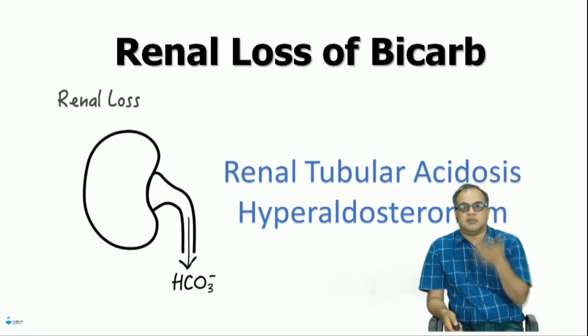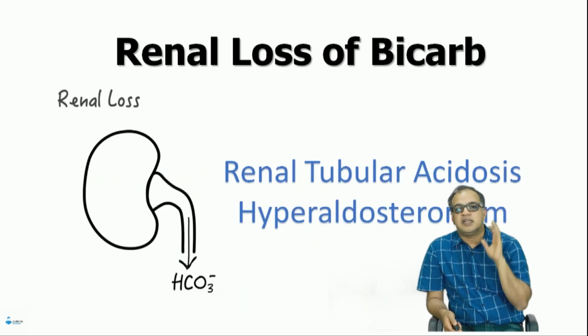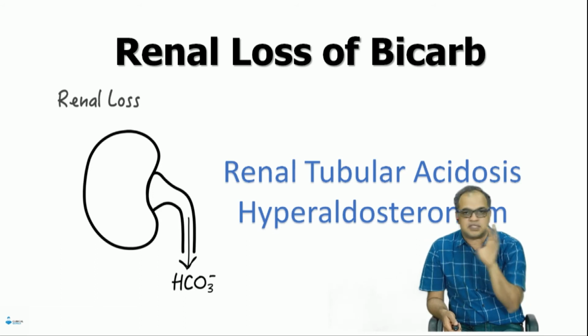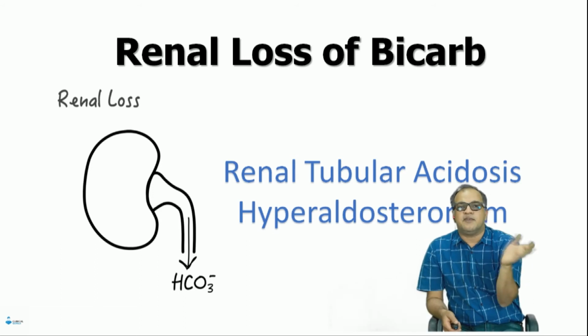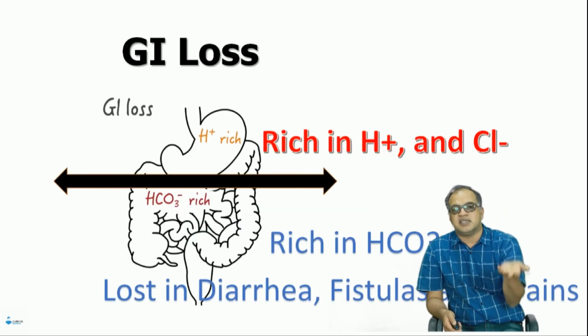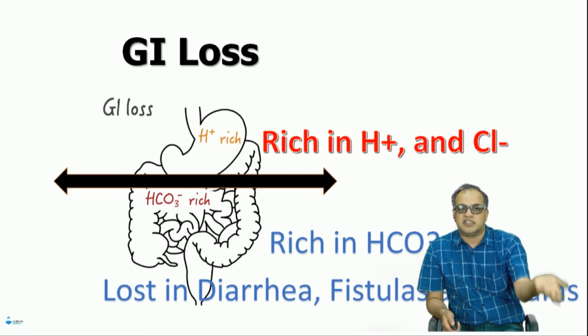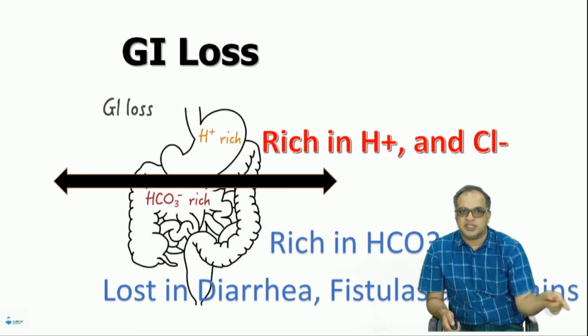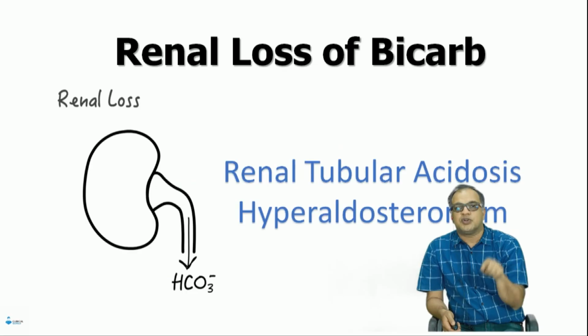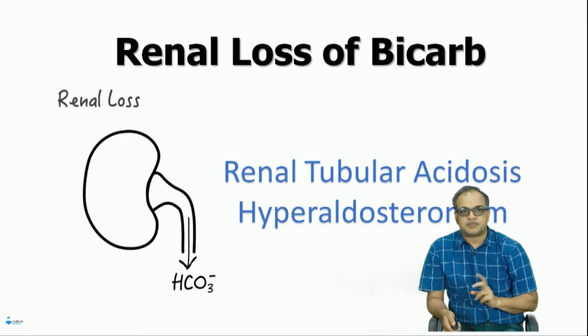You can lose bicarbonate through kidneys also: one cause is renal tubular acidosis and the other is hyperaldosteronism. Let's not go there. But you can differentiate between the two via the history. If he has a history of diarrhea, fistula or drains, then his non-anion gap acidosis is obviously because of loss of bicarb through the GI tract. If he doesn't have a history, then you should look for renal causes.